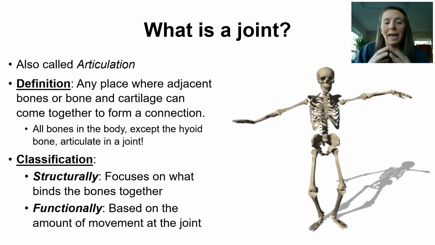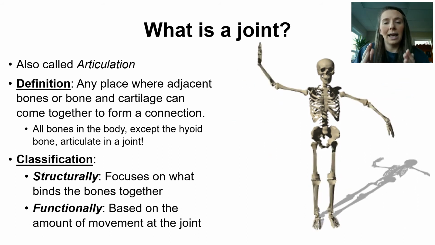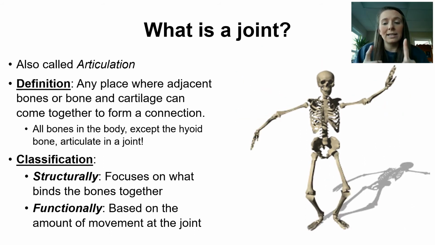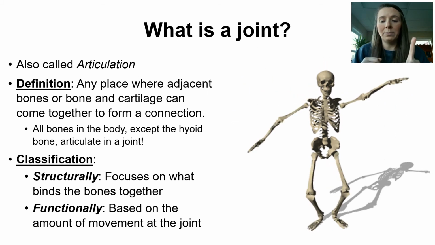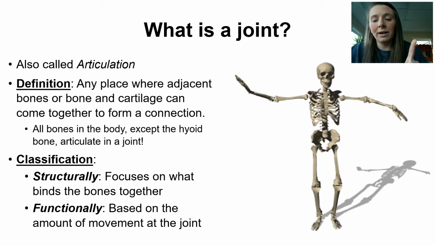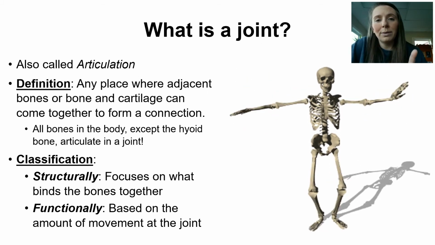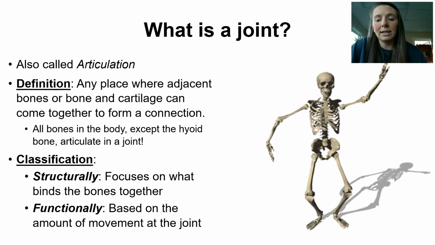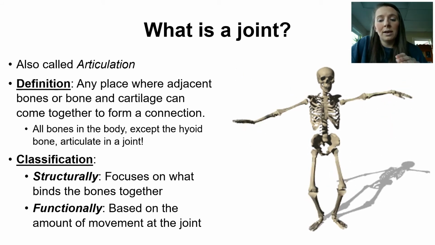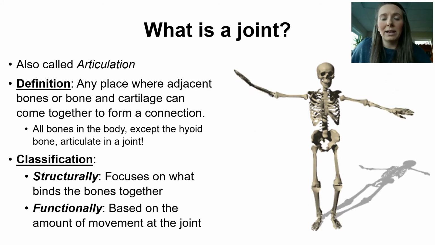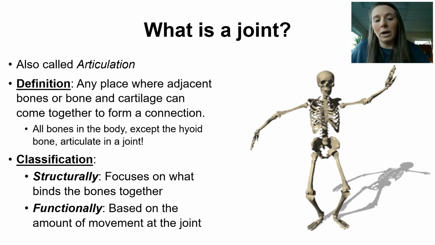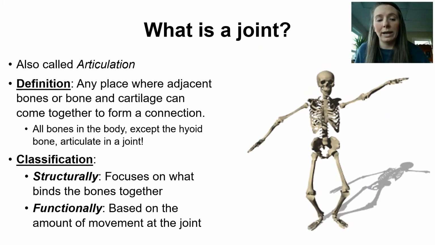And every single bone in the body has joints except the hyoid bone, because remember that the hyoid bone is the only bone in the body that does not actually articulate with any other bones. Okay, so every other bone in our entire body would articulate in a joint.